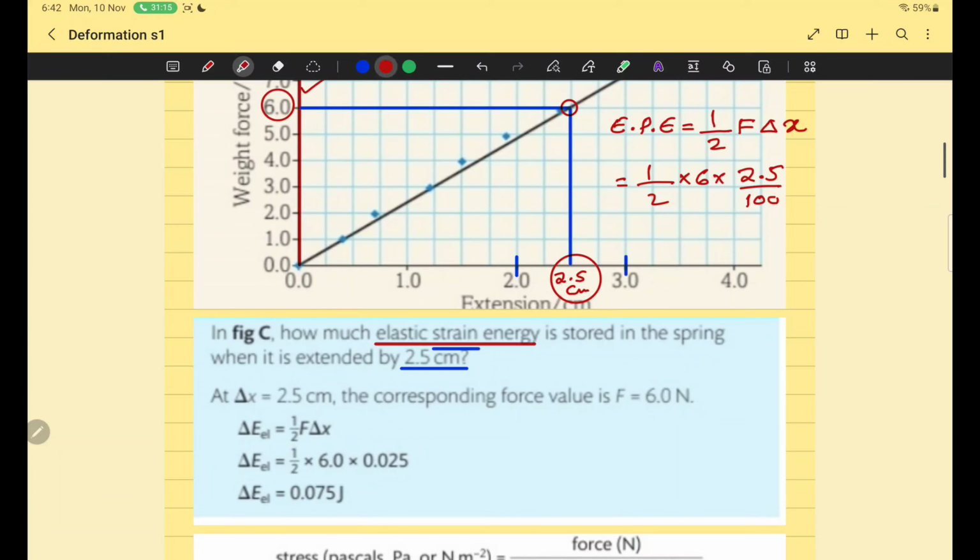So if you solve it, then the formula is half Fx. This is the number which I have written already. So the final answer is 0.075 joule.